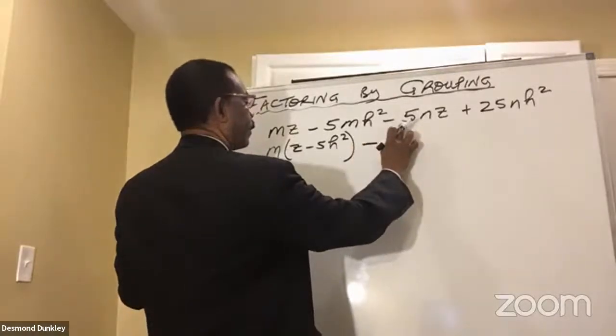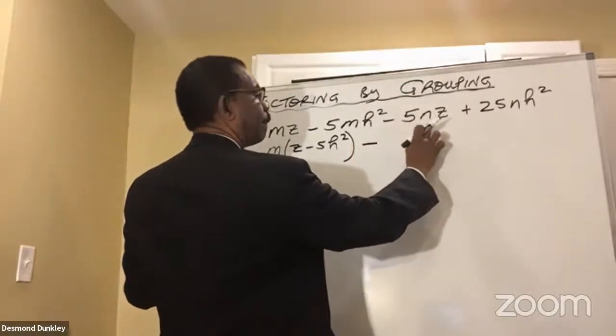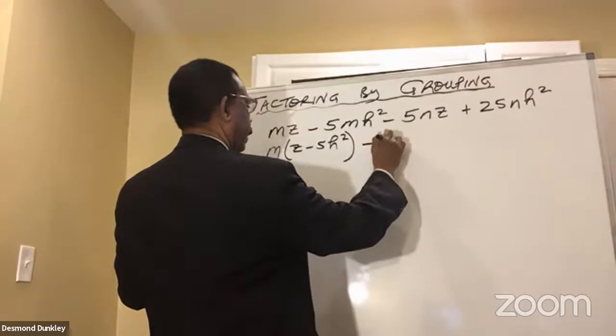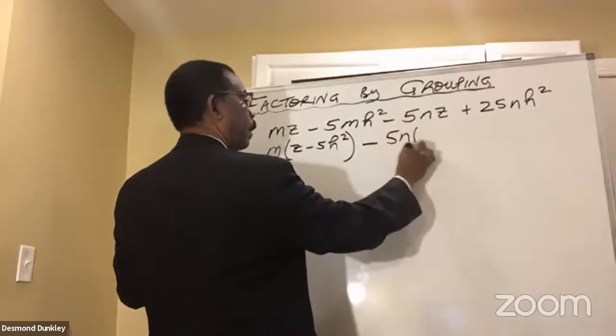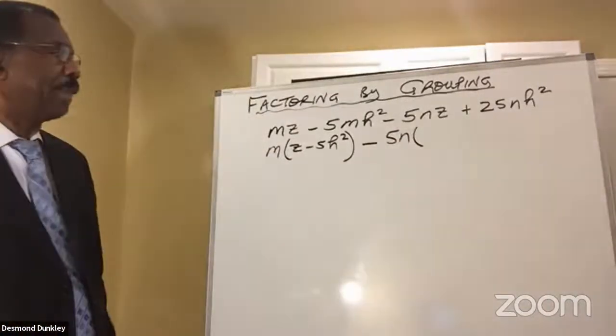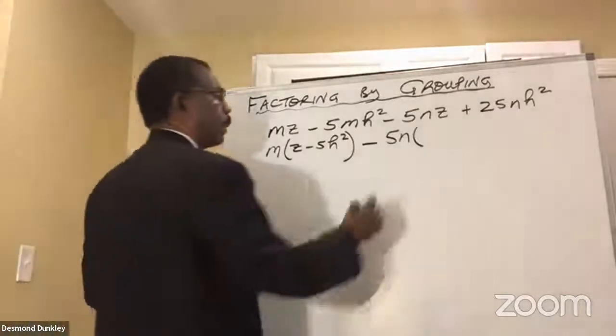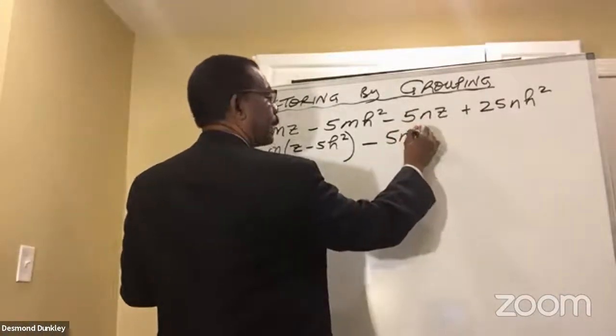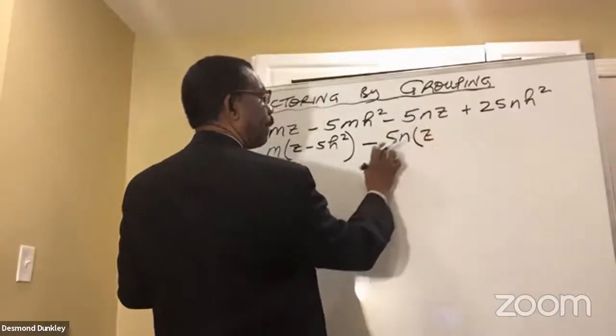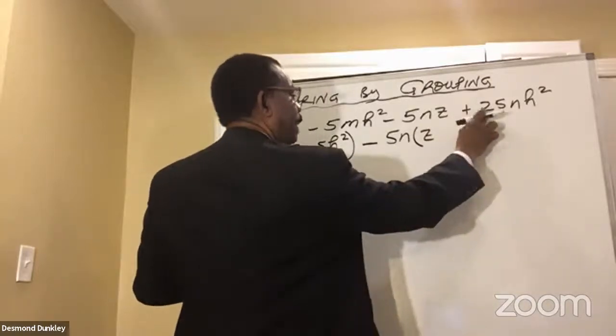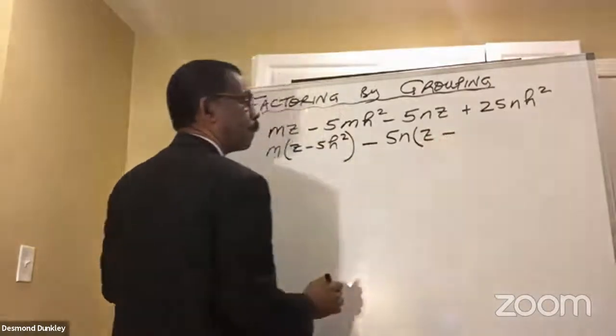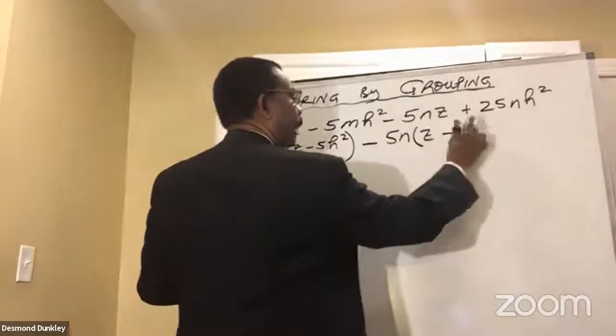Minus, let's factor out negative 5n. Negative 5n. What do we end up with? Negative 5n leaves a z. And if I have a negative 5 outside, to get a positive inside, this has to be negative. And 5 times 5.